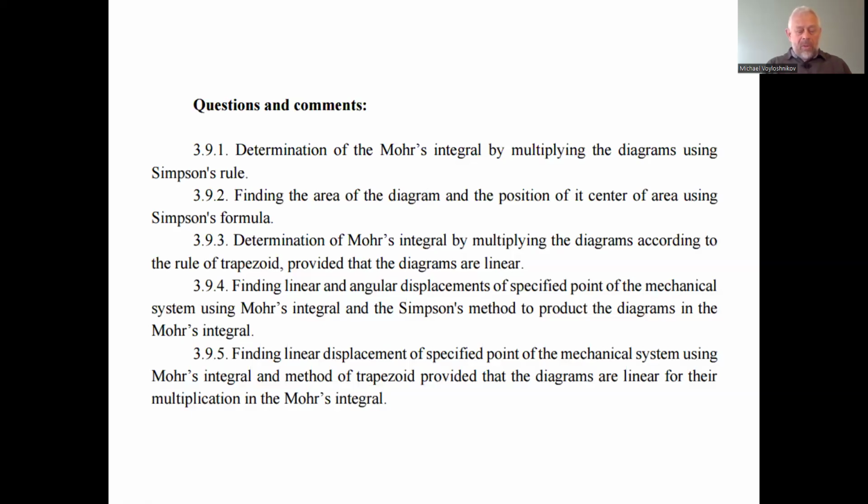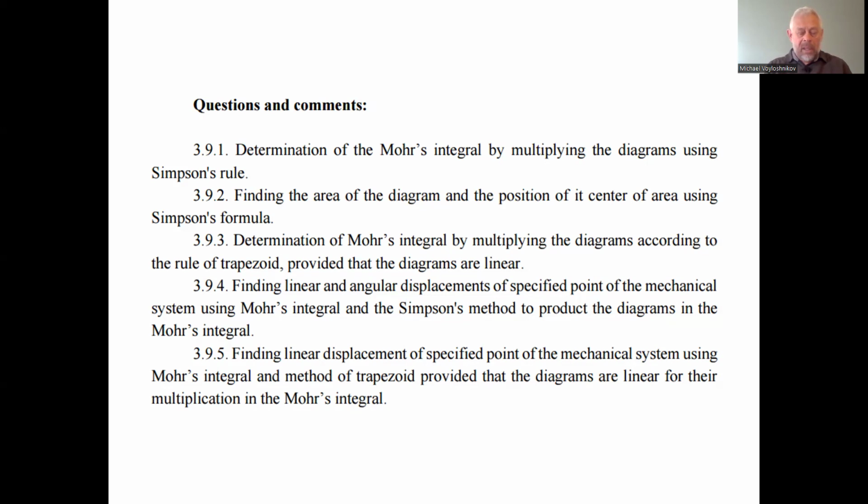We have the common factor, the same factor as in the Simpson rule. The common factor consists of the length of each element of the mechanical system. Determination by the trapezoid rule has the common factor of the length derived out of the brackets, length divided by 6. And in the brackets we have 4 summands.